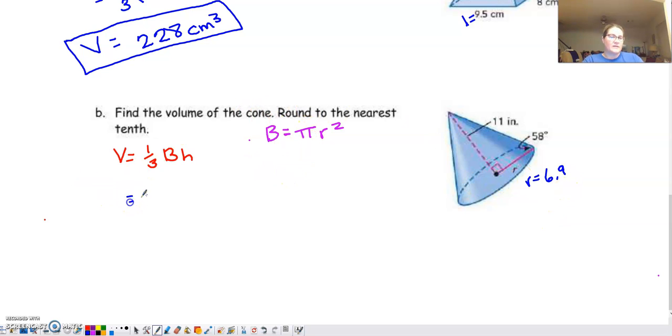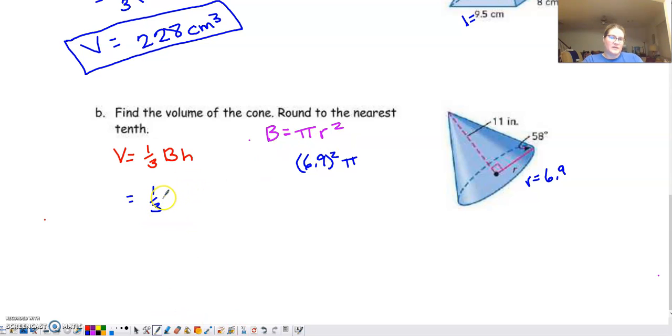So I've got 1/3 the area of my base, which is 6.9 squared times pi, right?